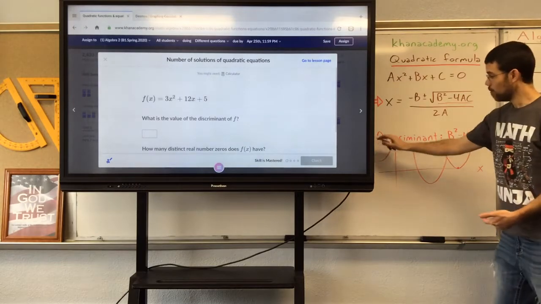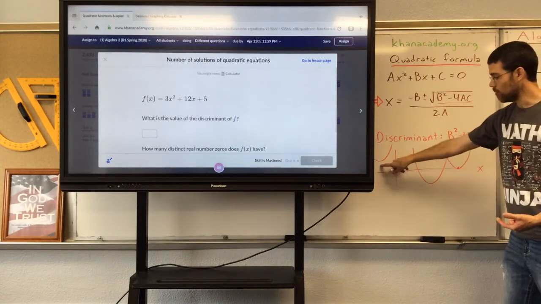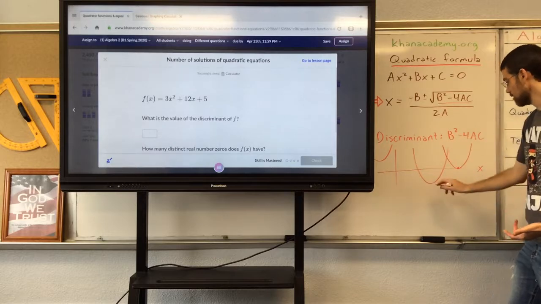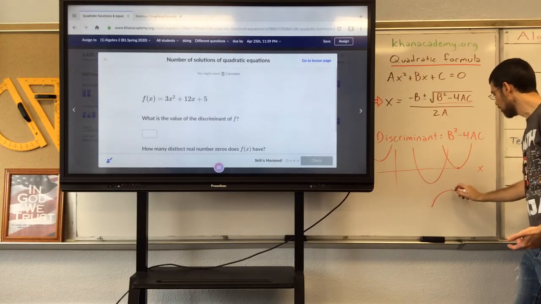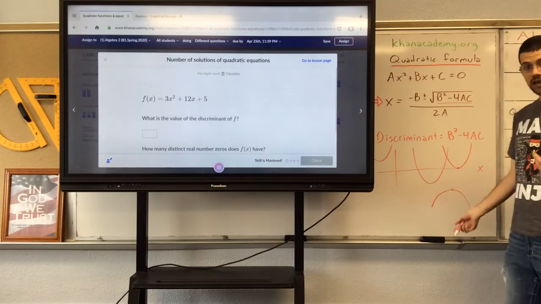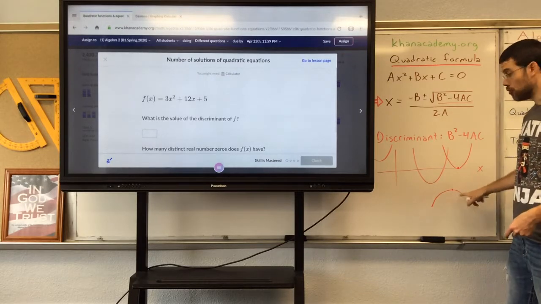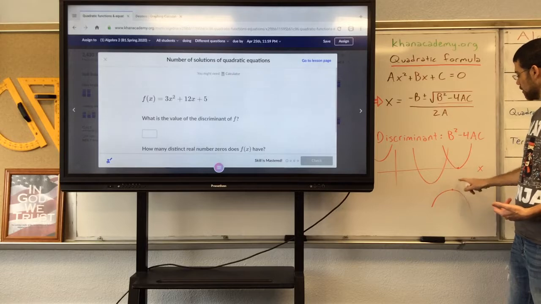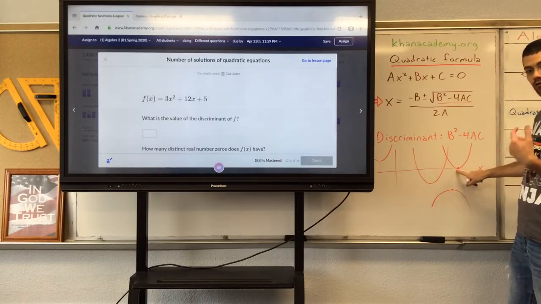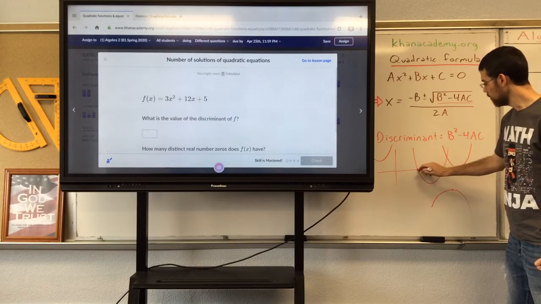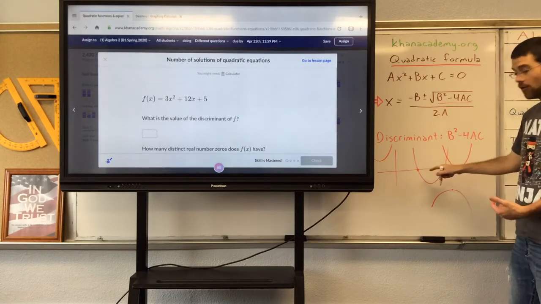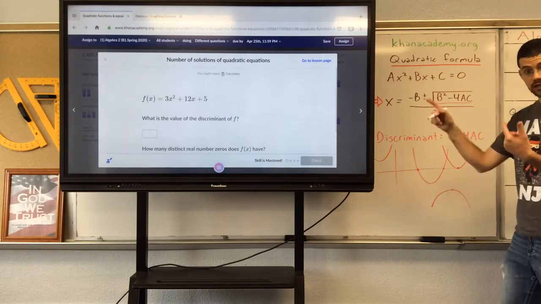That could happen by opening up and having the minimum value above the x-axis, or it could happen by opening down and having the maximum value below the x-axis. So there could be no zeros, there could be 1 zero if the vertex is on the x-axis, or there could be 2 zeros if it crosses twice.